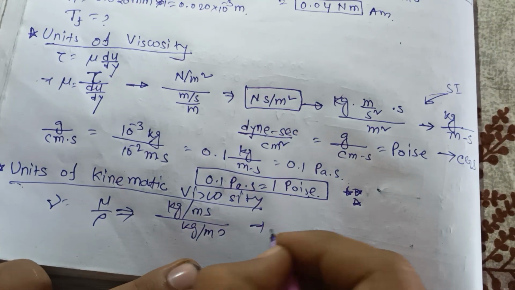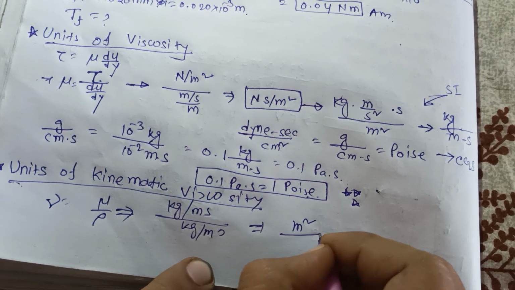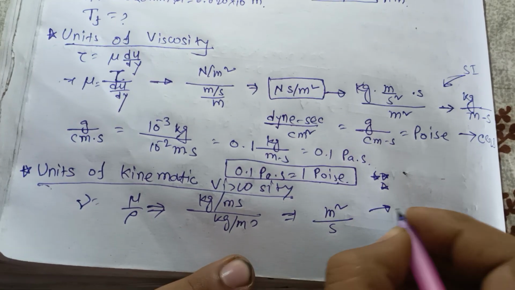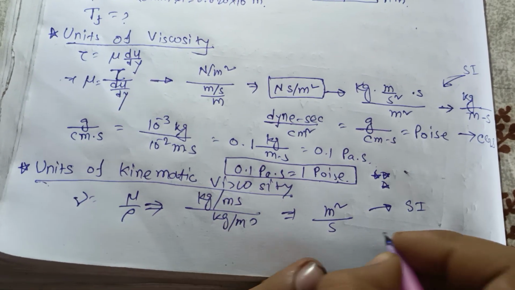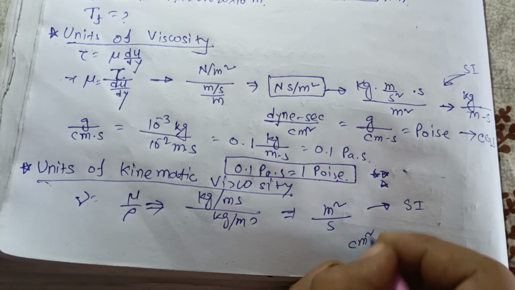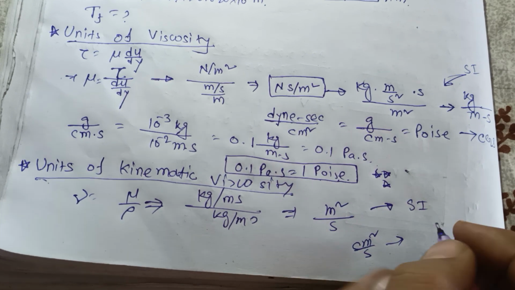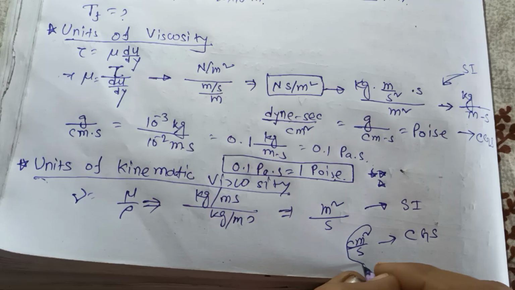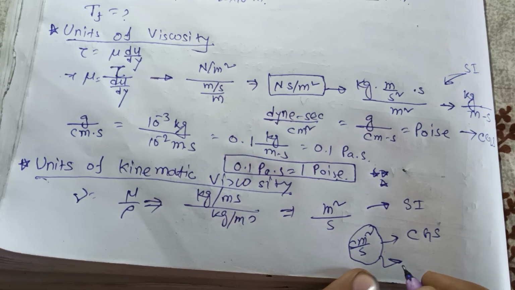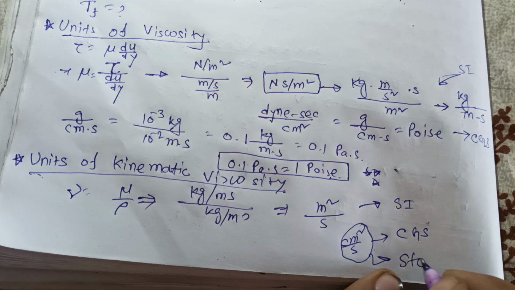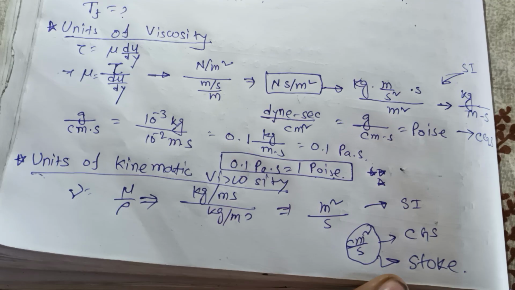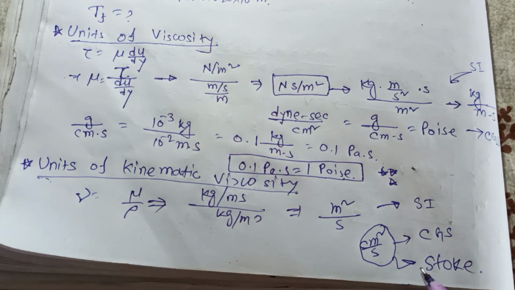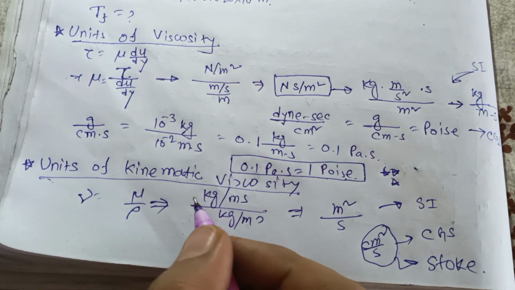So from here you get meter square per second. This is the SI unit, and centimeter square per second is the CGS unit. This centimeter square per second is known as Stoke. This is the CGS unit of kinematic viscosity nu.